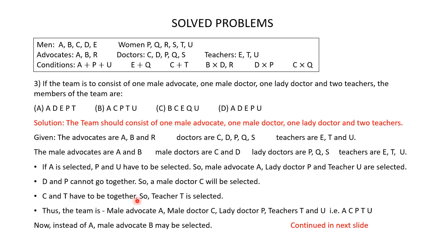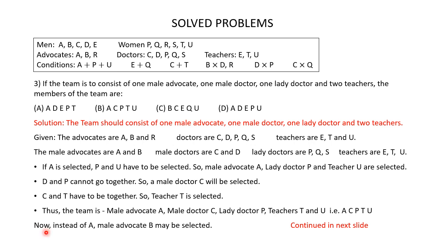So teacher T is selected. So now we have the team, one male advocate A, one male doctor C, one lady doctor P, and two teachers T and U. That is, the team is ACPTU.